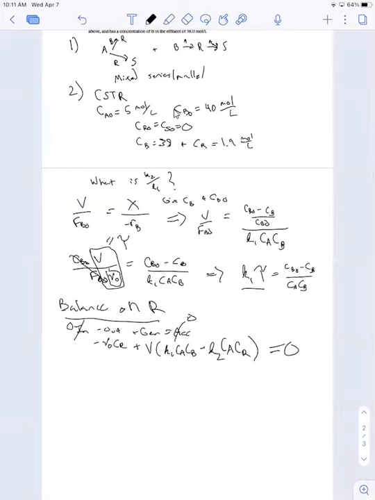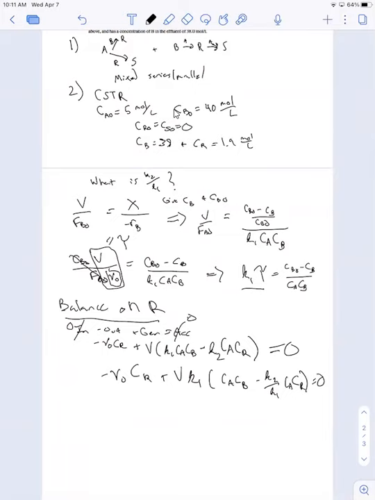So then we just want to simplify this. So we have plus V times K1 CA CB minus K2 CA CR equals 0.